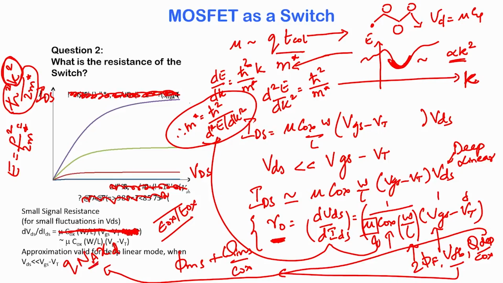Na is nothing but your dopant ion concentration in your P type or N type doped body of the MOSFET, and XD is the depletion width, which in turn depends on the surface potential and which should be 2 phi f at the time of turn on of the MOSFET, and 2 phi f again depends on the dopant concentration.